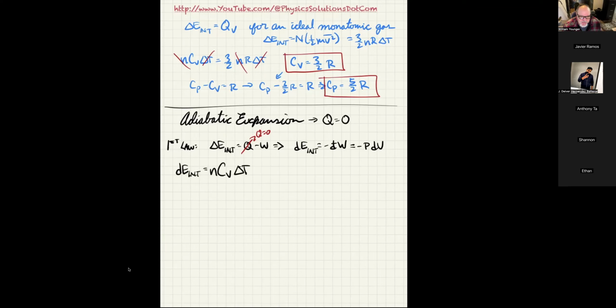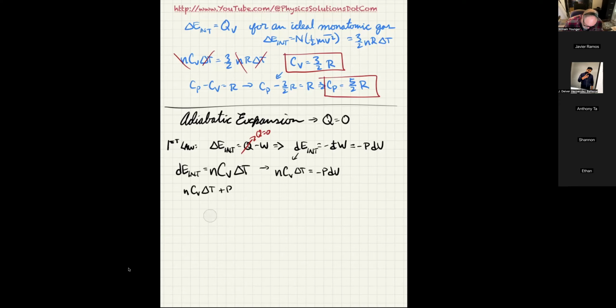Now I can plug that in for the dE internal that I have above, and when I do that, I get N CV delta T is equal to negative P dV. That can also allow me to write this as N CV delta T plus P dV, and actually let's do a dT because it's going to come in handy to write it as a differential anyways.